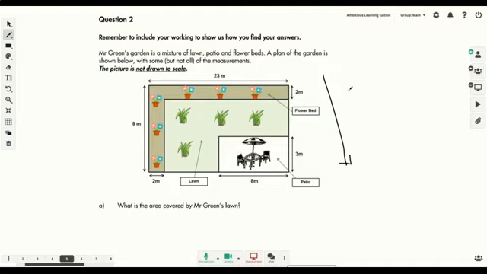So let's do it. 9 minus 2 is 7, because this full one is 9. So we are minusing this one from here. So go with this big one.